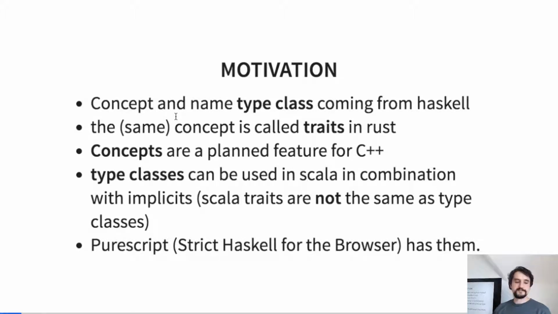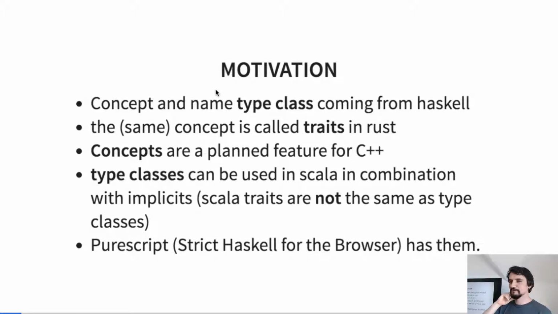And there is also, that's quite interesting, I didn't know about that either, a thing called concepts, which is a planned feature for C++, and when I understood it correctly, it gets into the next C++ standard. I guess it's equal to the traits in Rust. So if you know them, then you maybe know how this will work.